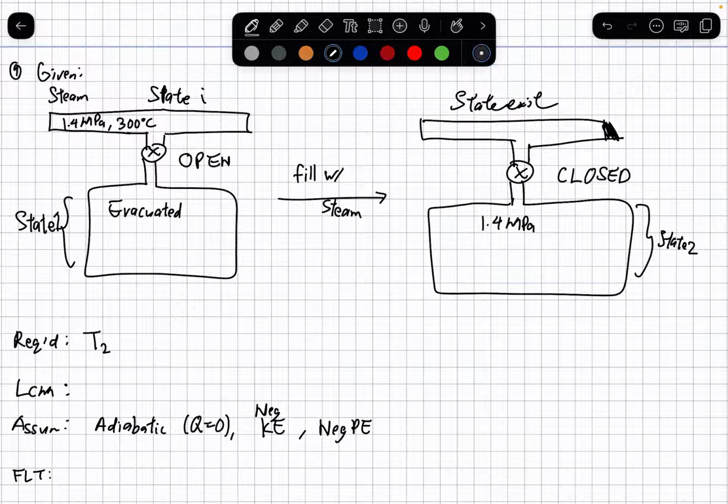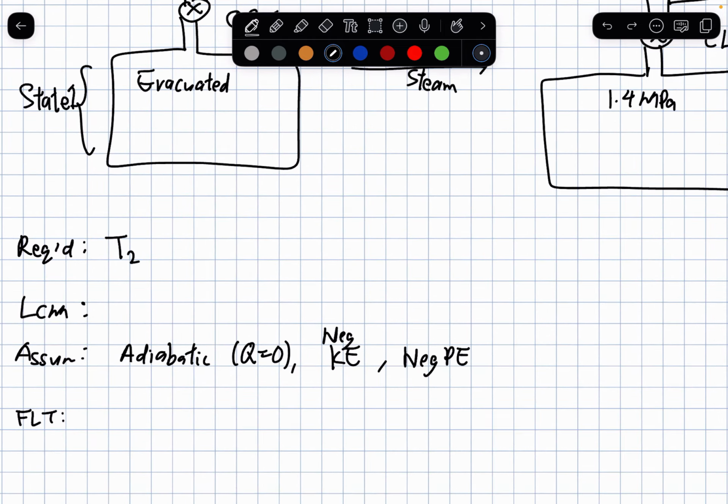We have a state 1 and state 2. So this is definitely an open system. This is not a rigid vessel, nor is it a piston cylinder assembly. Open system, but is it steady state or transient state? Notice state I, state E, state 2, state 1. So this is obviously transient state. For a certain time, we open the valve, and for a certain time, we close the valve. So we now have information on accumulation.